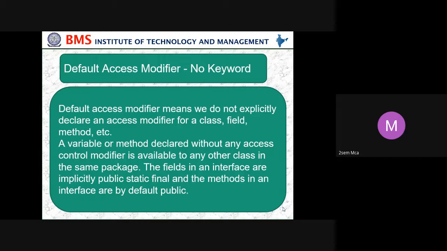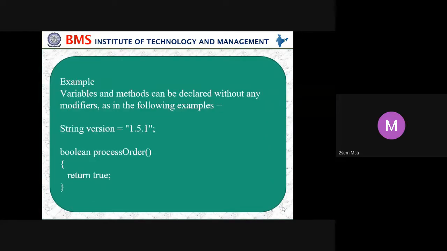The fields in an interface are implicitly public, static, final, and methods in an interface are by default public. For example, variables and methods can be declared without any modifier, as in the following example: String version = "1.5.1", then a boolean processOrder, which returns if it is true. If it is not, then it will not. So this is one example.